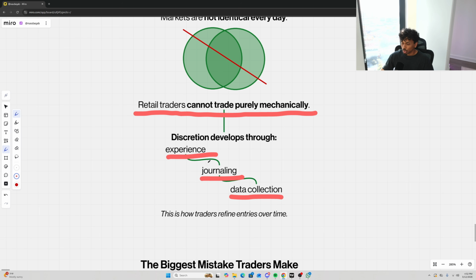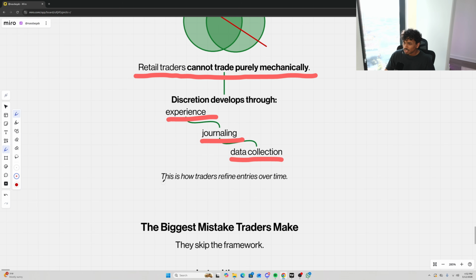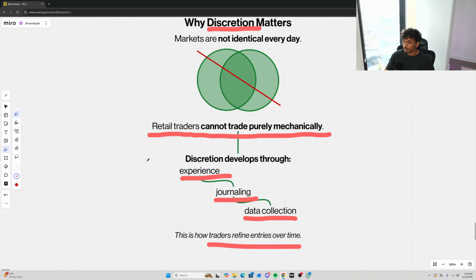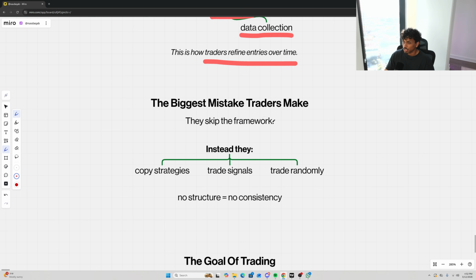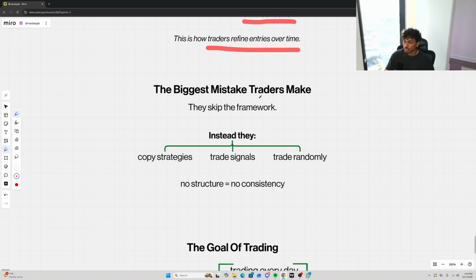You're journaling, you're reflecting on your trades, and you're understanding that each trade that you take is just another point in your data set. So this is overall how traders refine entries over time: through discretion, through gaining market experience, through journaling, and through collecting data. Now, when we go to this part right here, this is the biggest trade.